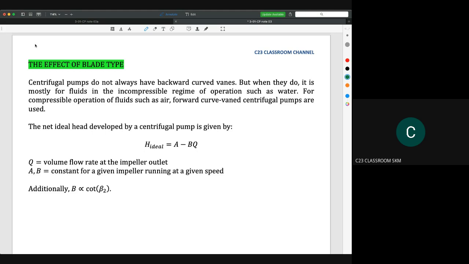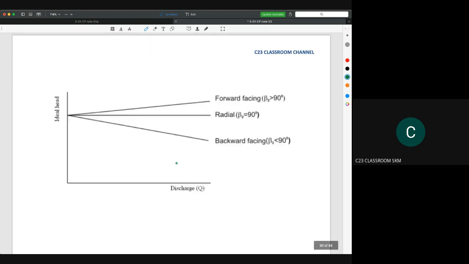Q here is the volume flow rate at the impeller outlet, and A and B are constants for a given impeller running at a given speed. But what I want to say here is that if you explain the advantages or disadvantages of the forward, radial or backward blade, you could describe it from this graph.